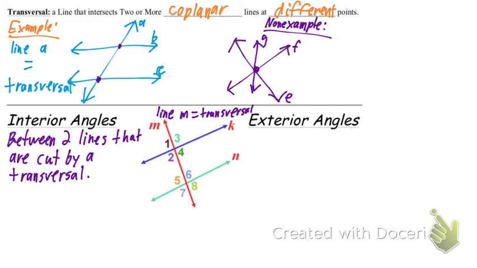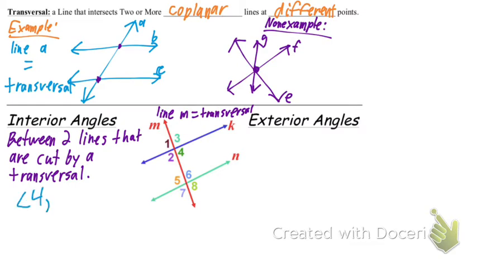Anyway, so we want to say between 2 lines that are cut by the transversal. So which 2 lines are cut by this transversal M? K and N. So we want the angles between those 2. Raise your hand for one of the angles between these 2. Angle 4 is between these 2 lines.